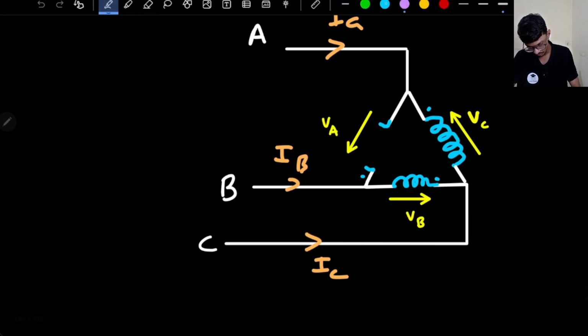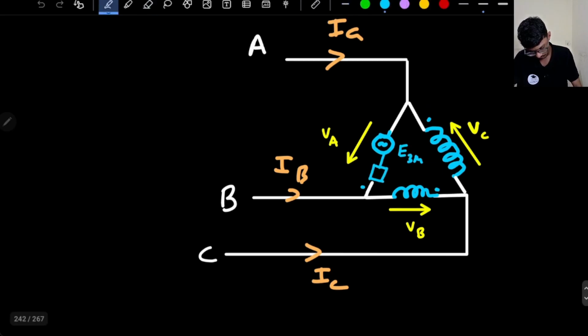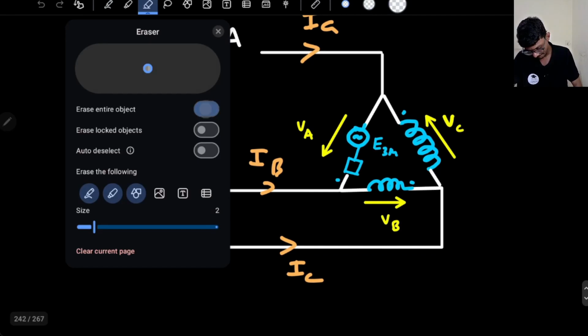So there will be some induced voltage that is in the same phase. Let's assume it as E3M, and the coil will have some third harmonic impedance.